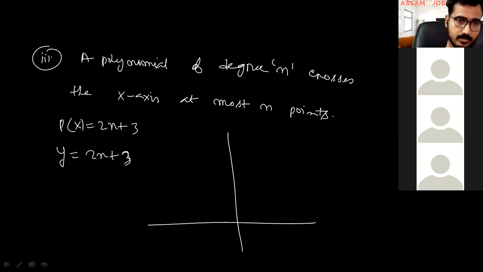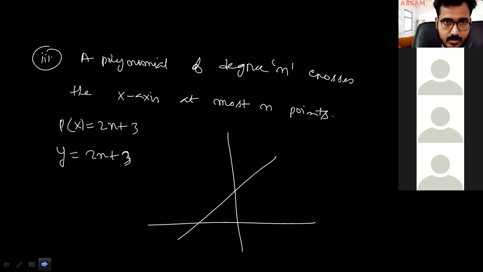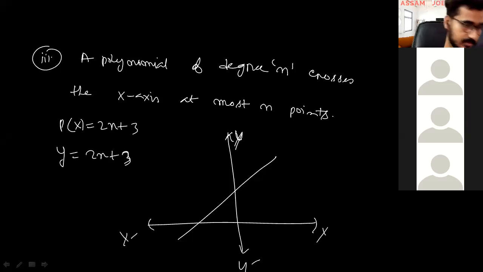So you will take some value of x and then you will get some value of y. After putting the values, you will get a straight line, because we have already discussed that a linear polynomial shows a straight line. So you will get one straight line, with x-axis x and x dash, y-axis y and y dash.